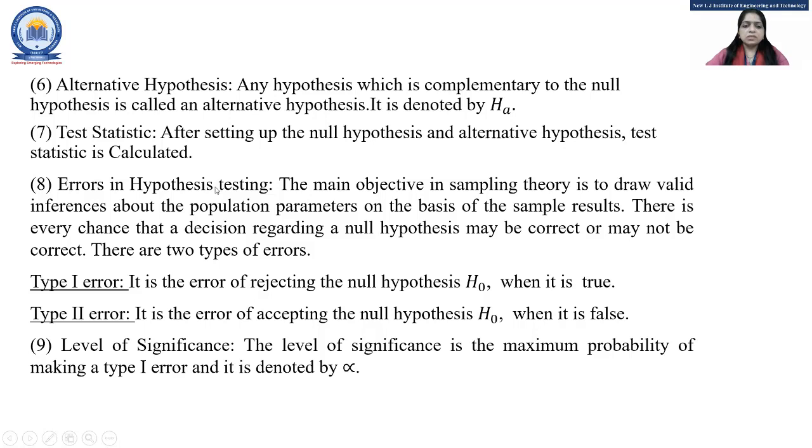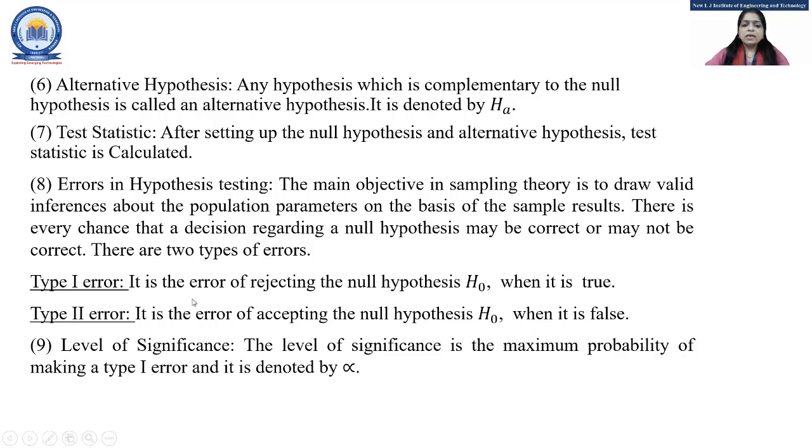Error in hypothesis testing. The main objective in sampling theory is to draw a valid inference about the population parameter on the basis of the sample result. There is every chance that a decision regarding a null hypothesis may be correct or may not be correct. There are two types of error.